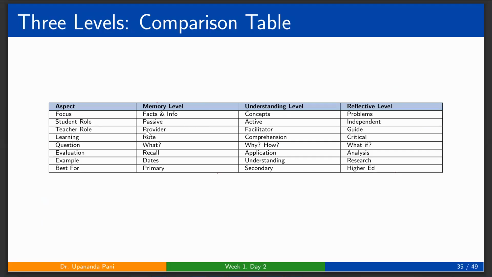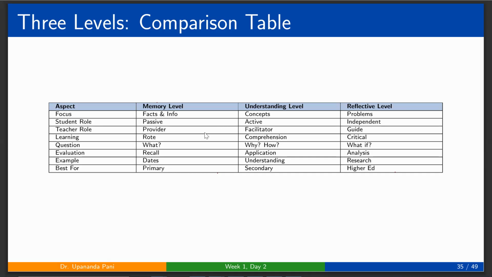So already we know there are three levels: memory level, understanding level and reflective level. Reflective is the highest level, memory level is the lowest level. How will you differentiate them? By aspects like focus, student role, teacher role, learning, questions, evaluation, example and best for.